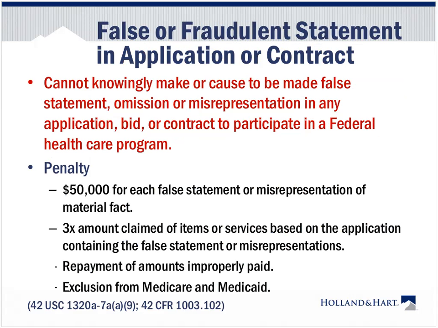Additional penalties. You cannot knowingly make or cause to be made a false statement, omission, or misrepresentation in any application, bid, or contract to participate in a federal health care program. And that's $50,000 for each false statement or misrepresentation and treble damages.